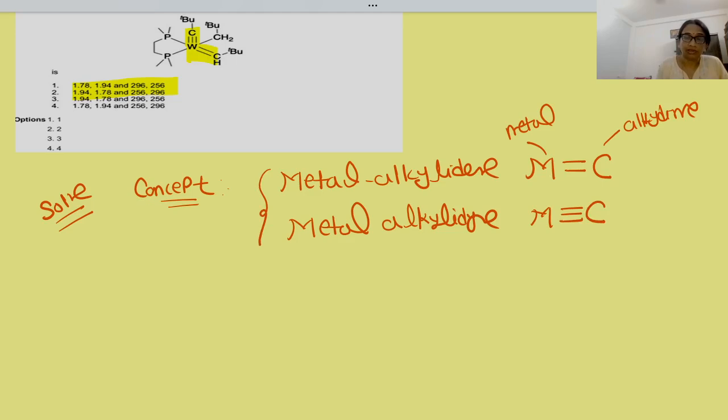Of both bonds, the double bond, M double bond C, has the longer bond length and a more downfield, higher ppm shift.